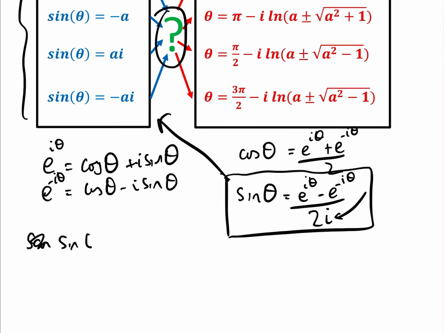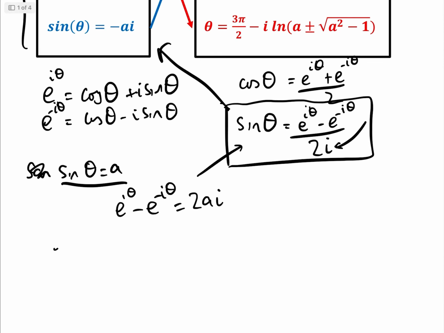So let's start with sine theta equals a. That's the first one. How are we going to solve that? Okay, so we got that e to the i theta minus e to the minus i theta equals 2ai. And then we form exactly the same as the previous video. We form a quadratic in e to the i theta, so e to the i theta squared minus 2ai e to the i theta minus 1 this time. That is a difference from cos as well.